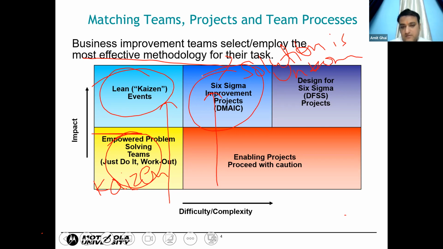And if you are defining something altogether new, like developing new software, a new ERP implementation, or designing a new architecture, it is DFSS, Design for Six Sigma.